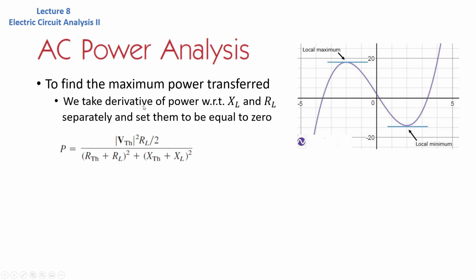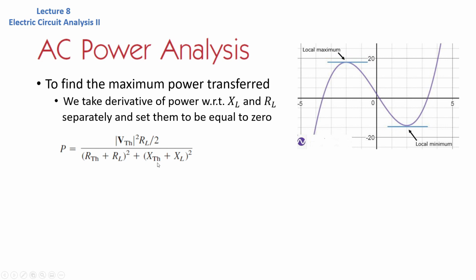So in order to find the maxima for this power, we need to take the derivative of this power and put it equal to 0. That is because at this maximum value, the derivative is equal to 0.